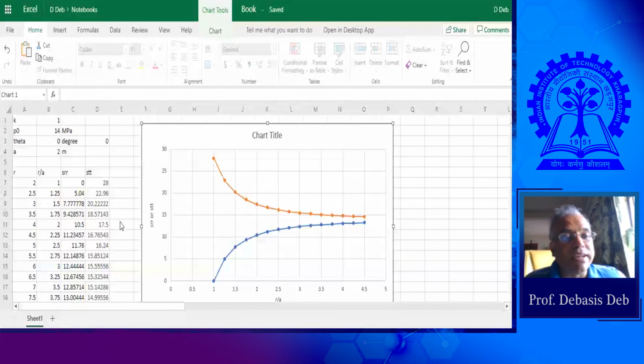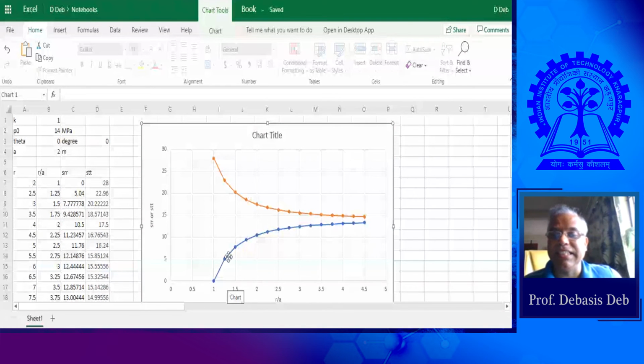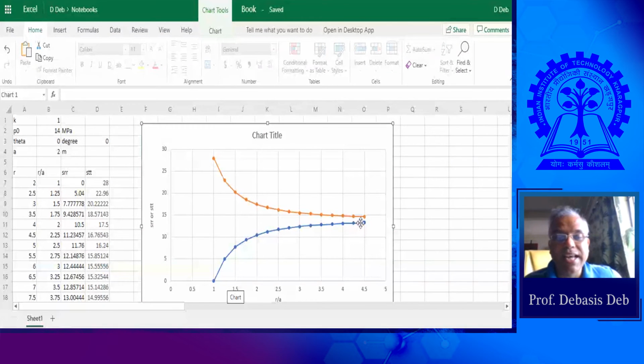What I have plotted is R by A with these two. This upper one is tangential stress, and this lower one is radial stress. You see they are converging right around 14, right? The 14 is somewhere around here, so both of them are converging towards 14.